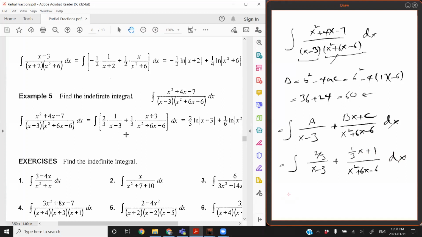You can just bring that 2/3 out, and you can factor out a 1/3. If you factor out a 1/3, on top you get x plus 3.